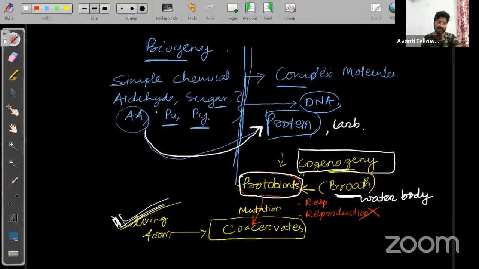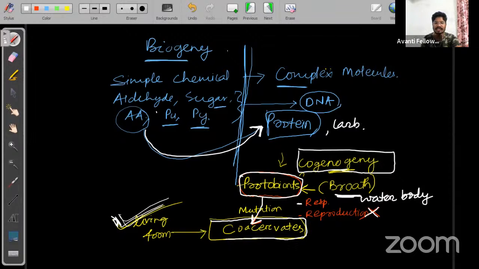They are called protobionts. Okay, they cannot reproduce, they did not have reproducing capacity, but they can do respiration. Protobionts are the first living form which was formed from the complex molecules. Then from the protobionts, mutation happens. Without reproduction mutation happens, and then the second life form comes into existence, that is your cyocarbates.